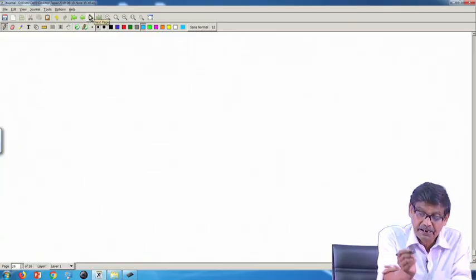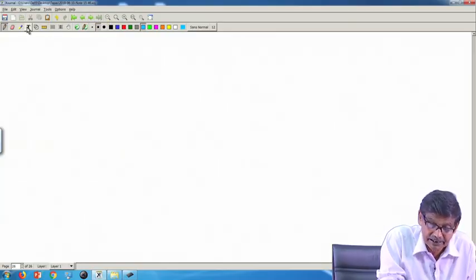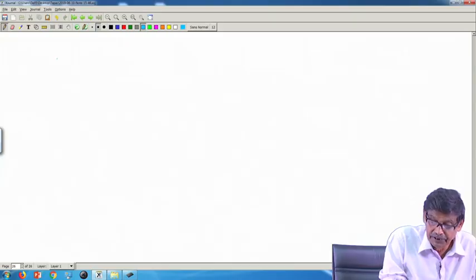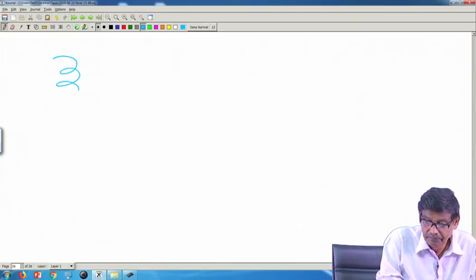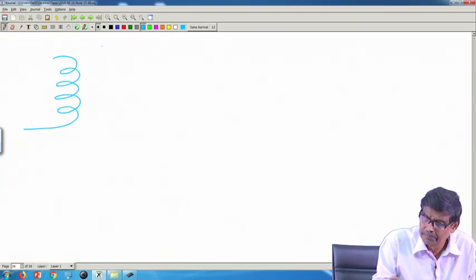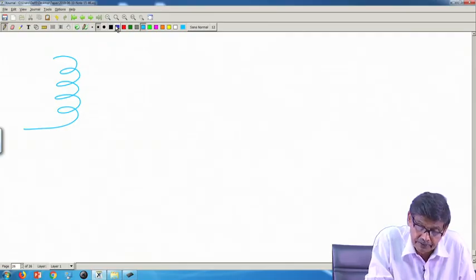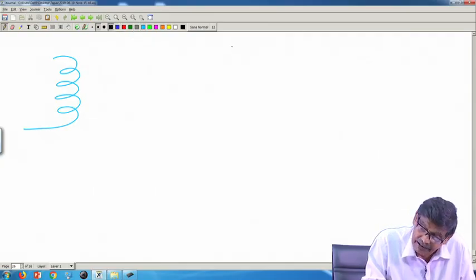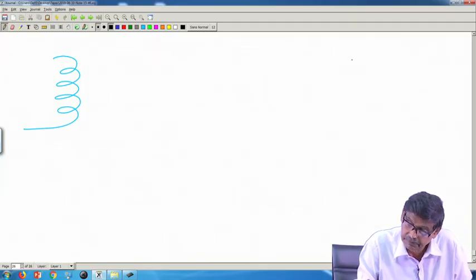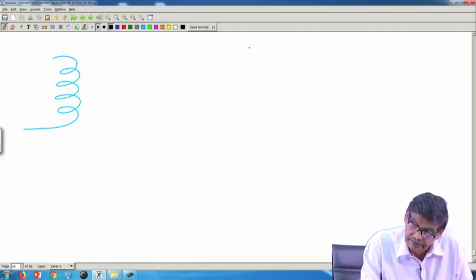and let me now draw this once again. So, here was my coil, mind you it is wound on a magnetic circuit, we are not drawing. Now, what I will do is this, what I have done last time, let me do it like this.